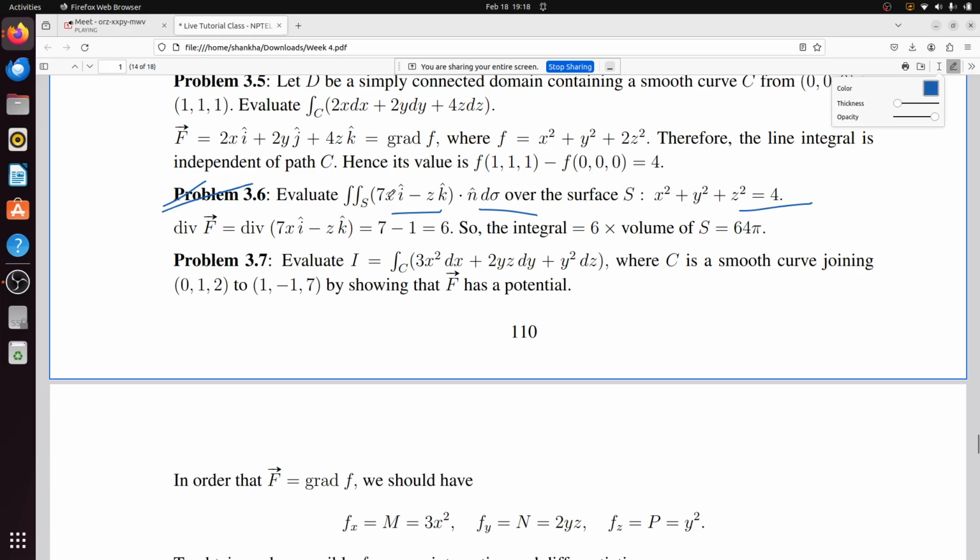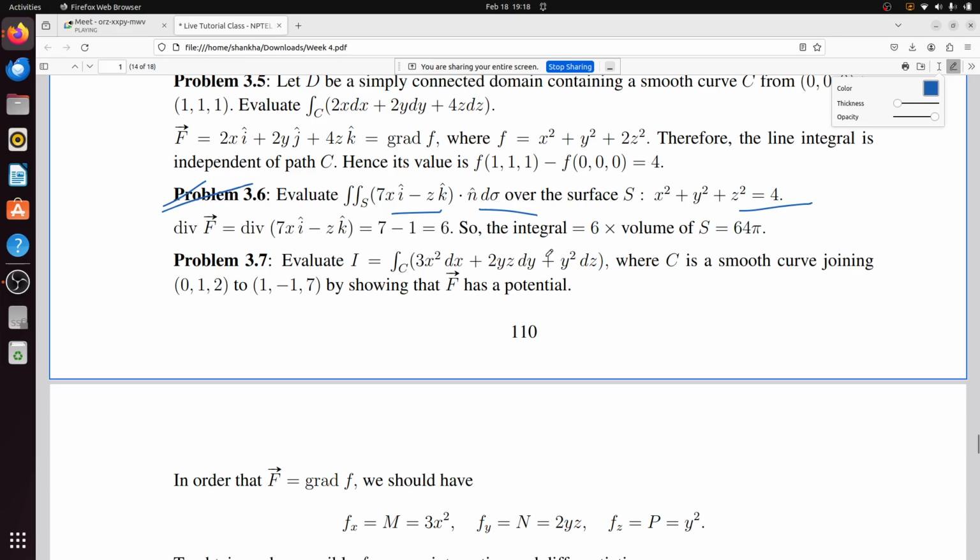So you have this surface integral, you just use Gauss's divergence theorem, right? You don't need to compute the surface integral directly, you just use the Gauss divergence theorem. You will get the divergence of F to be 7 - 1 = 6.